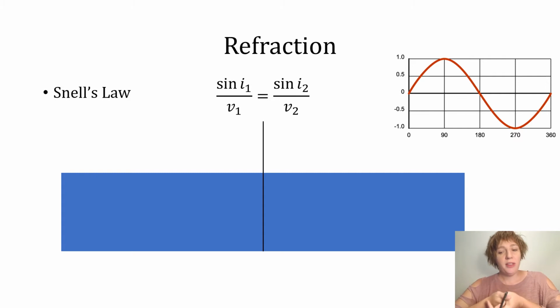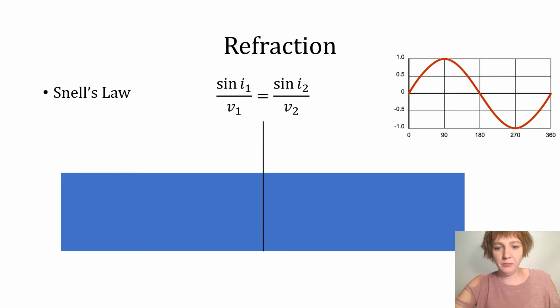If you were dealing with light, this would be the velocity of light through air and then through glass or through water, whatever you're sending that light through. If you are dealing with seismic waves, it's going to be the velocity of the seismic wave through whatever mediums you're examining. Maybe that's air into unconsolidated sediment, or unconsolidated sediment into limestone, or limestone into granite, whatever it may be.